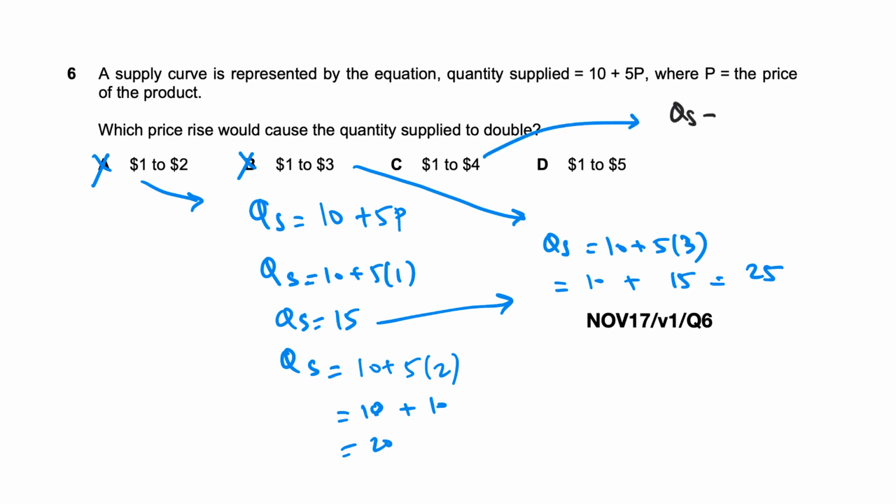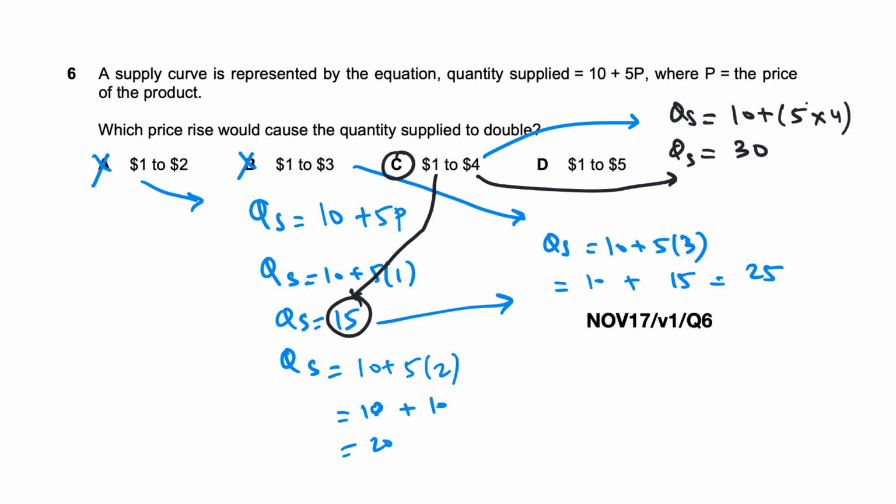QS is equal to 10 plus 5 times 4, which means 20 plus 10 means 30, and that's why C is the right answer, because at $1 quantity supplied is 15, while at $4 quantity supplied is 30. So it is doubling of the quantity supplied. That's why C will be the right answer.